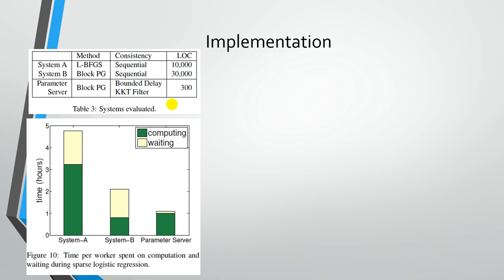In some cases, system B is better than system A because it has a better algorithm than A. But still, the parameter server time is better than both systems. Here also, for the convergence time of the algorithm, the parameter server is better than the other two systems.